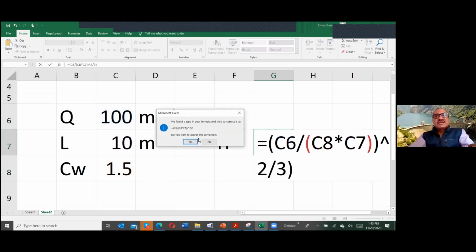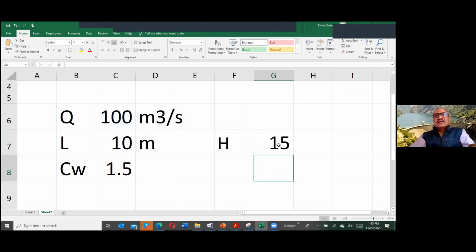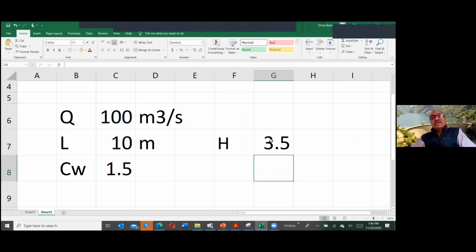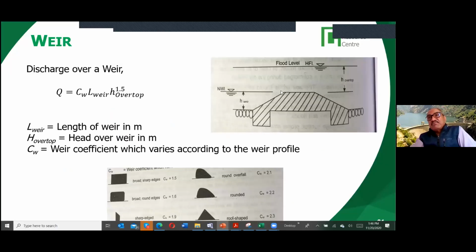I hope I did not make a mistake. Okay, so the head will be 3.5 meter. So this H will be 3.5 meter above the crest level.